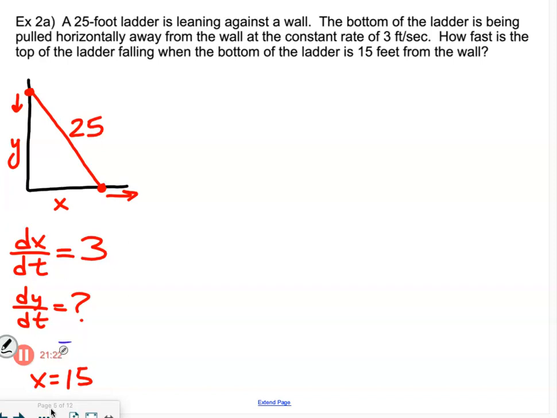So what equation have we got? Pythagorean theorem, it's a right triangle. Let's assume that the ground and the wall are perpendicular. So we have x squared plus y squared equals 25 squared. Take a second, differentiate both sides with respect to t.